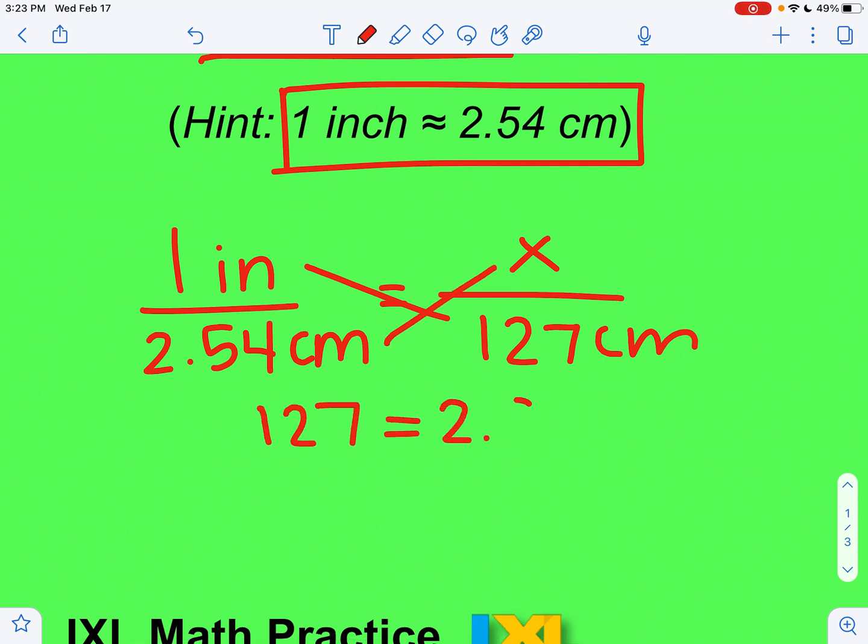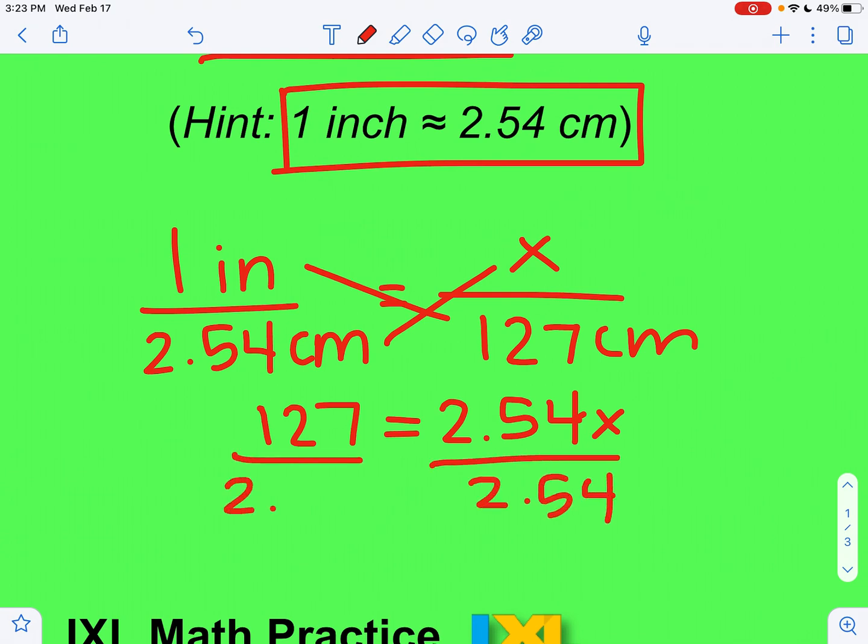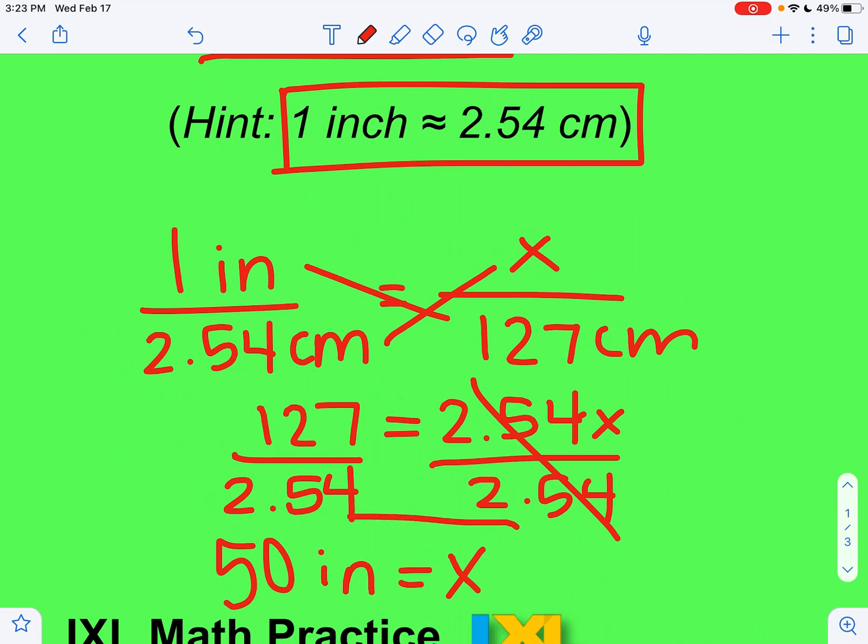And that's equal to 2.54 times X. Now we have a little bit more work because we want X by itself. So we need to divide by 2.54 on both sides. Those cancel out, and we're left with just X on the right-hand side. So 127 divided by 2.54 gives us 50. And we're talking inches.